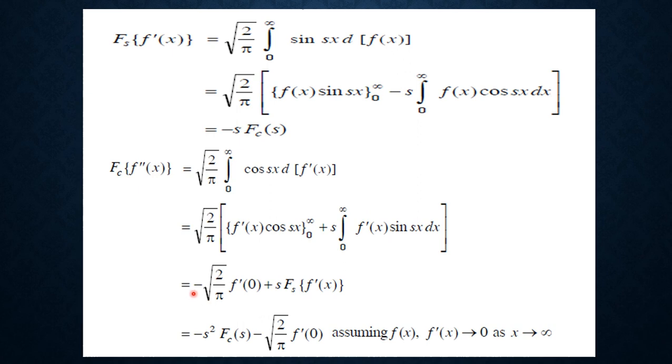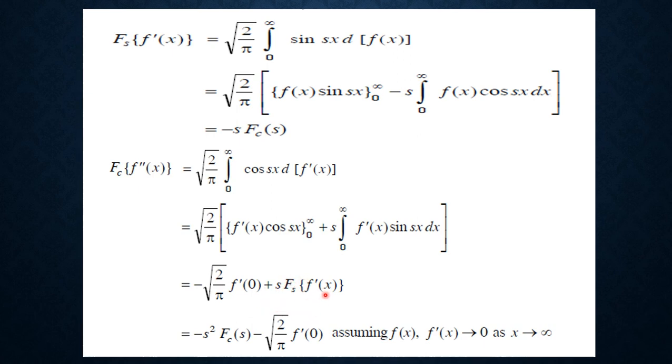This term is 0 as x tends to infinity, and when x is equal to 0, that is minus f'(0) and cos 0 is equal to 1, plus s times the sine transform of f'(x).